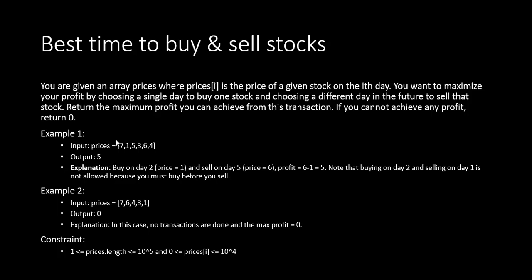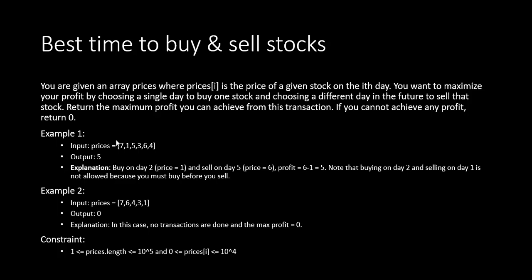In reality we know that is different, but in this question the price is assumed to be as given there. So let's say you're buying on day 1 at price 7, and you are selling on the very next day at 1. Of course you're incurring a loss of -6. So you don't want to do that, and you want to maximize the profit.